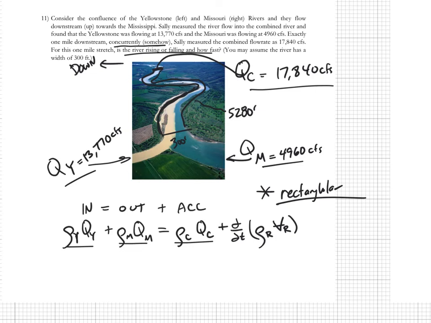All right, so the first thing we're going to do is note that this rho is the same everywhere, so we can pull it out of that derivative, and we can cancel it everywhere.